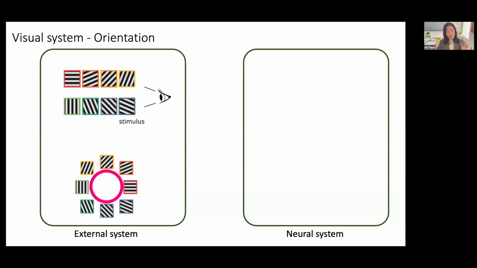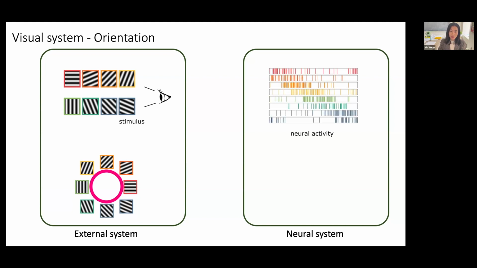The collection of different orientations forms one circle. As you show these visual cues, you also measure neural activity from neurons that respond to very specific orientations. The right-hand side shows some cartoon neural activity in response to such a visual cue.